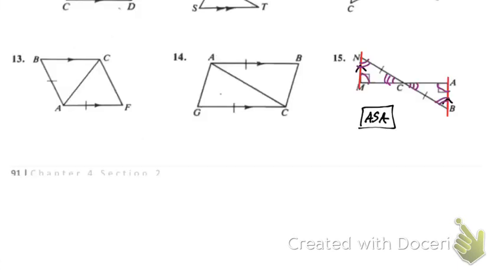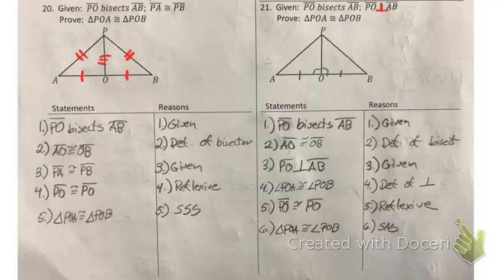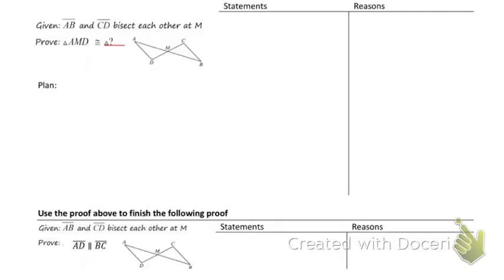All right, that being said, we're going to go into slightly more difficult proofs. It's not that they're more difficult, they're just longer. See this little plan here? We're going to set up how you can write stuff off to the side if you're not good at proofs, so you can get more points for your proof.